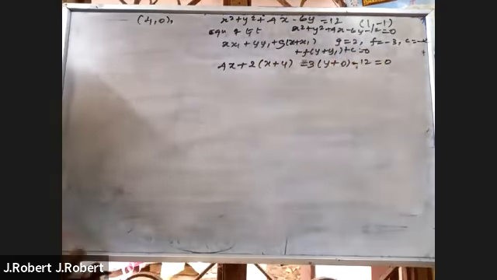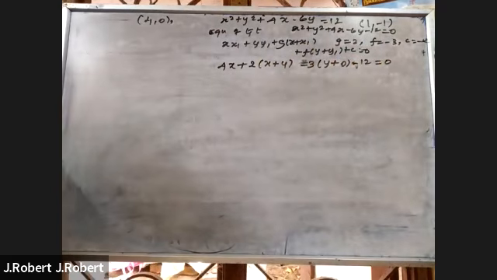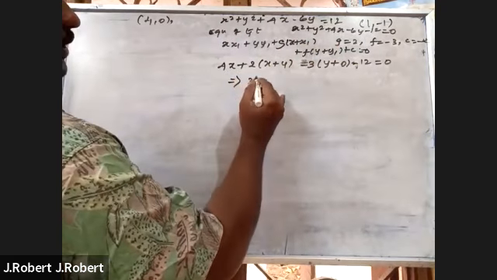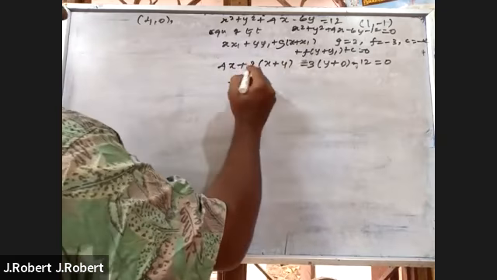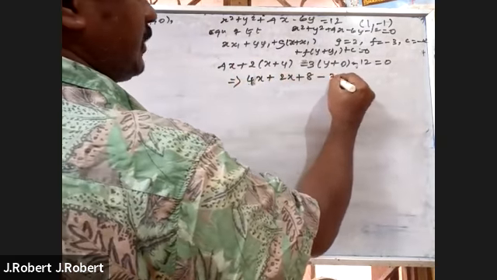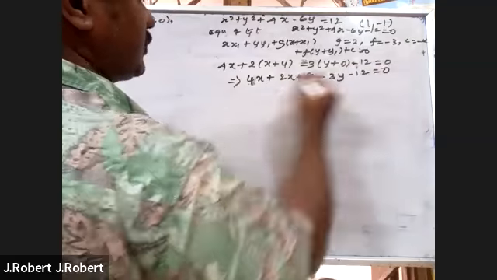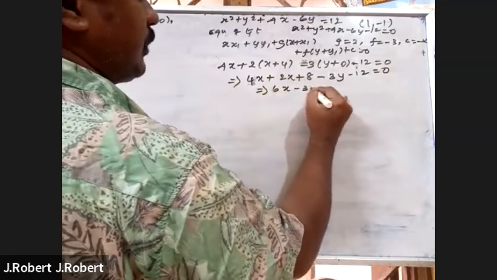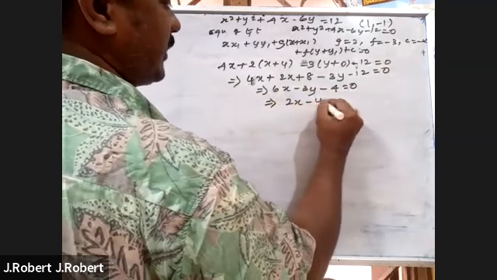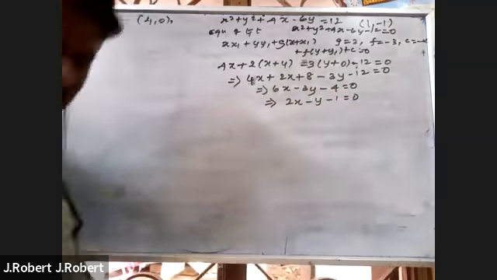So now we can rearrange the equation. 2x, 6x. So 4x plus 2x plus 8 minus 3y minus 12 equal to 0. 6x minus 3y minus 4 equal to 0. This implies 2x minus y minus 1 equal to 0.